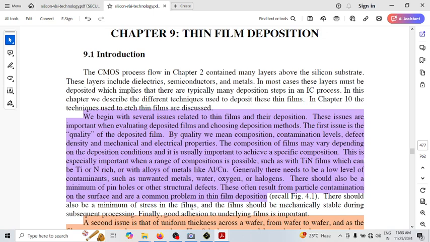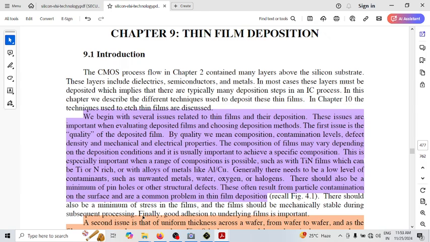So we have to ensure that these defects are minimum, and there should be minimum stress in the films. Whenever we are depositing the thin film, it should have very little stress, so that the film is mechanically stable during the subsequent processing. Of course, naturally, we have seen that whenever we are doing fabrication, there are so many layers that will be processed one above the other. So the process of fabrication will not complete in a single process.